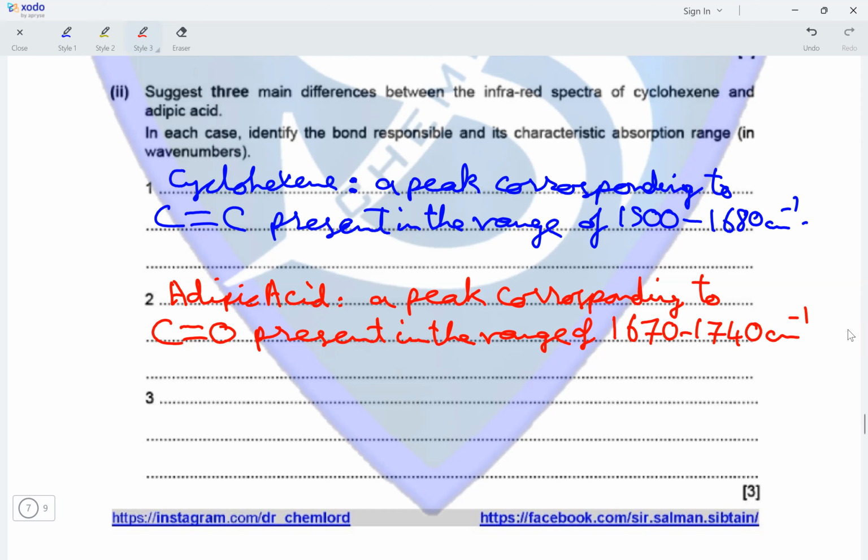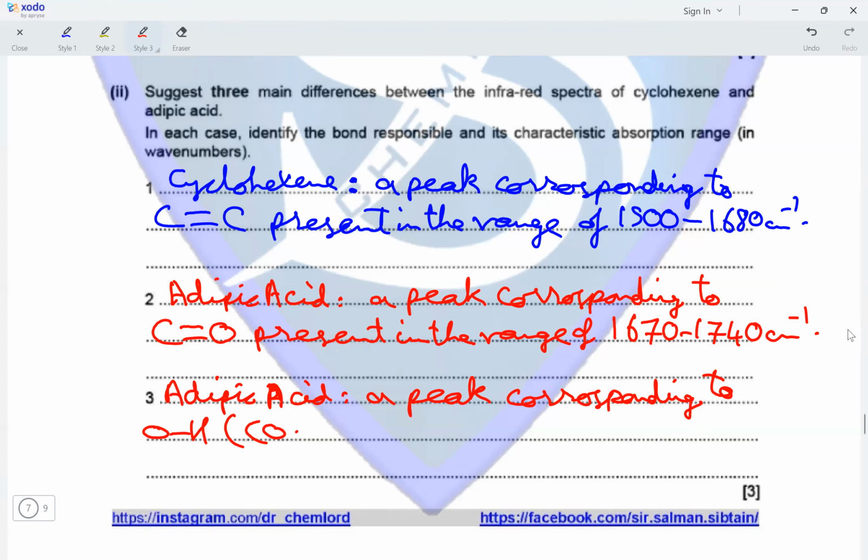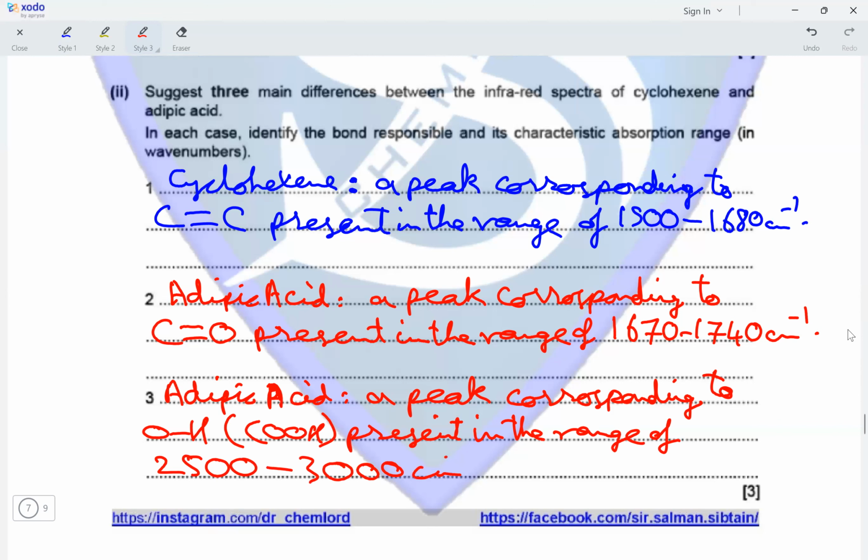wave numbers. And again for adipic acid, we would have a peak corresponding to OH from COOH present in the range of 2500 to 3000 wave numbers.